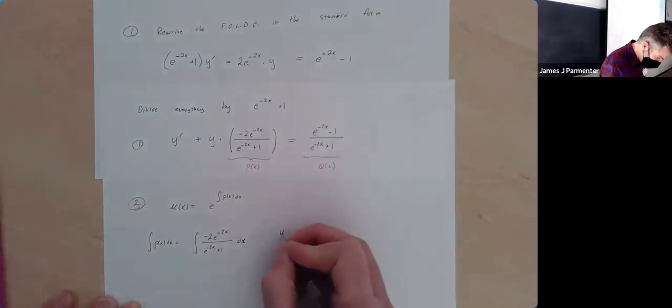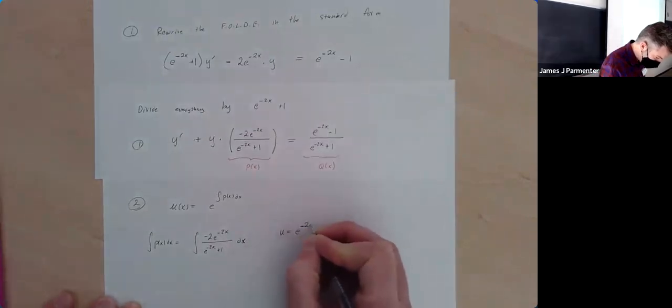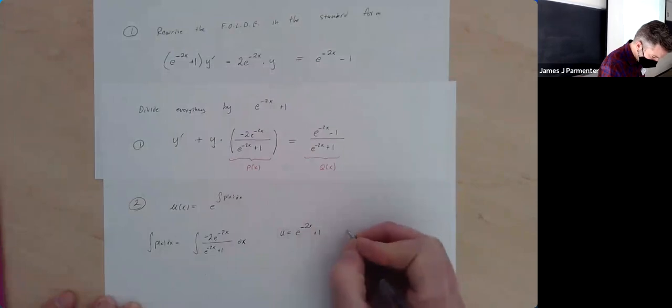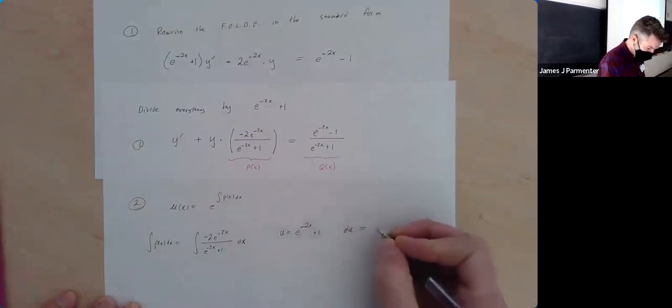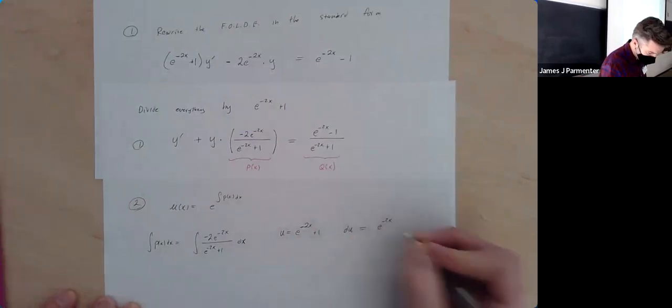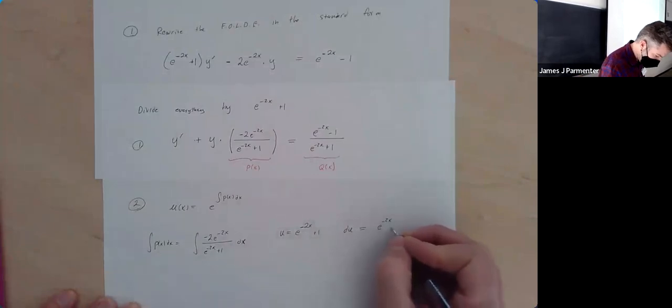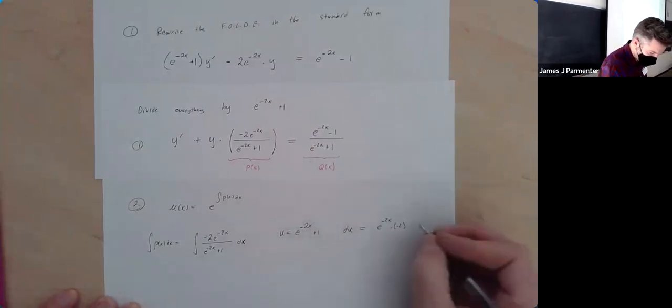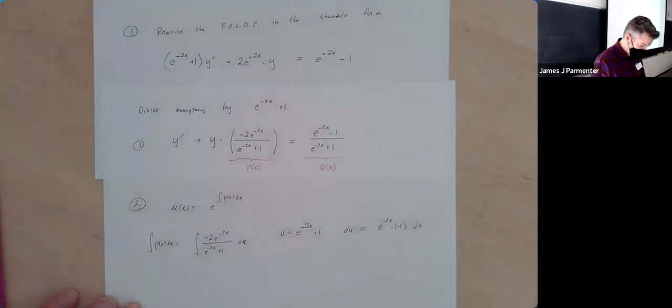If we let u equal e to the negative 2x plus 1, then the derivative is e to the negative 2x times negative 2 plus 0, times dx. And that's exactly the top part we have right here.